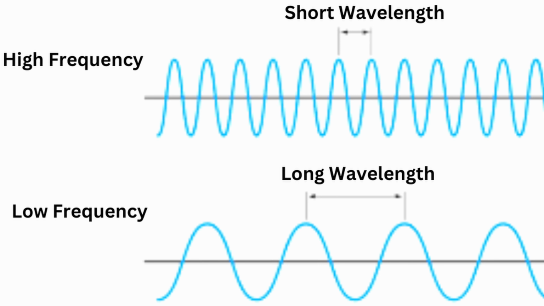So also understand that there is an important difference between frequency and wavelength. Frequency shows the number of wave oscillations in a given time. Wavelength specifies the difference between specific points on a wave.